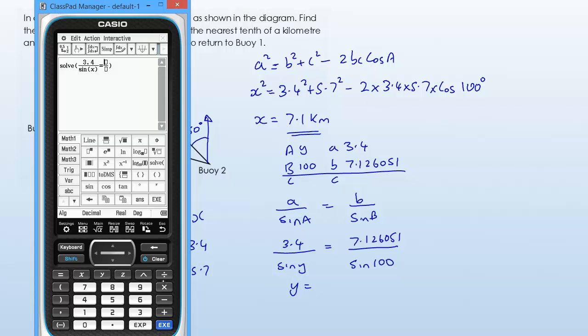And this one should still be pasteable, over sine 100. And I'm going to use the given that line so that I don't get that complicated looking answer that we talked about before. And this is an acute angle, so I'm just going to look for answers.